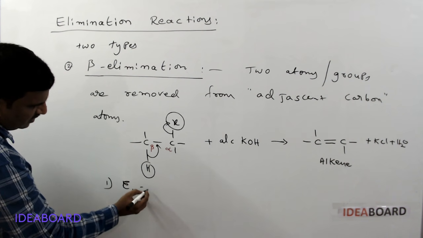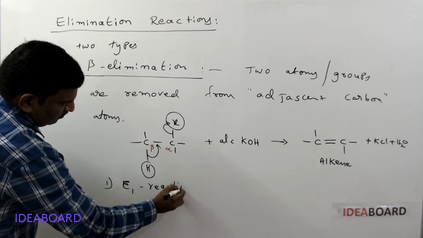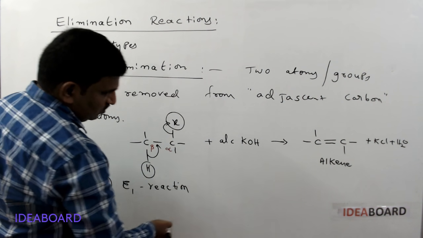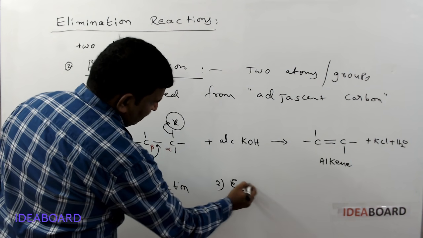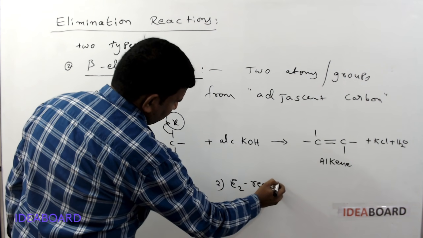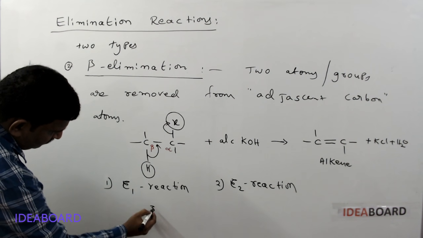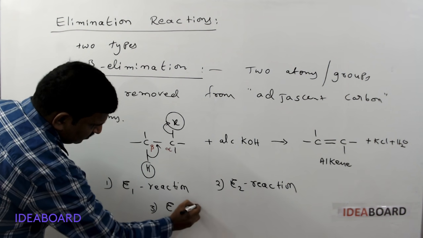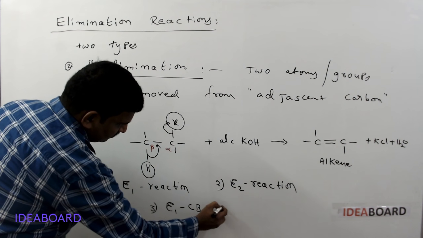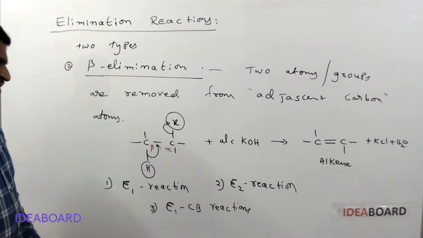The first one is called E1 reactions, the second one is called E2 reactions, and the third type is called E1CB reactions.